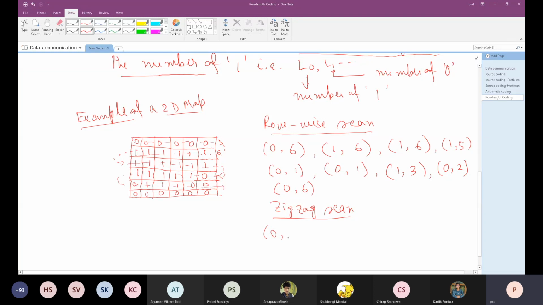This is the zigzag scan, of course, followed in this particular coding, that is run length coding. There are other kinds of zigzag scans, like this way also we have a zigzag scan available. It will go here, then it goes here like this. That is also another kind of zigzag scan. But for run length, usually this kind of zigzag scan is used.